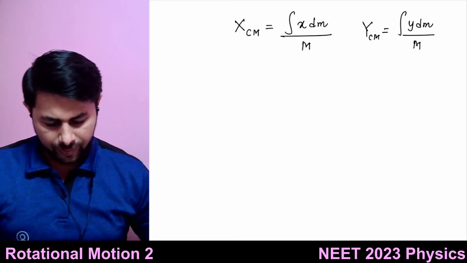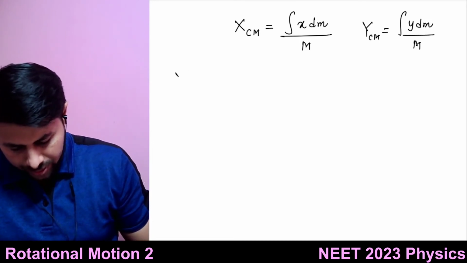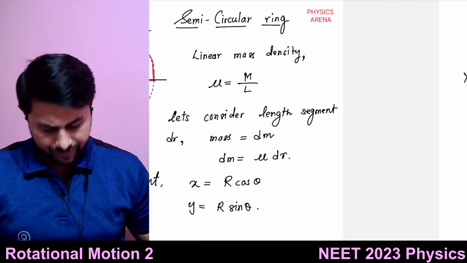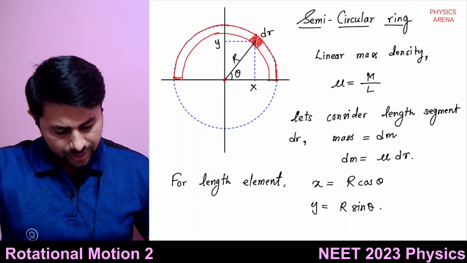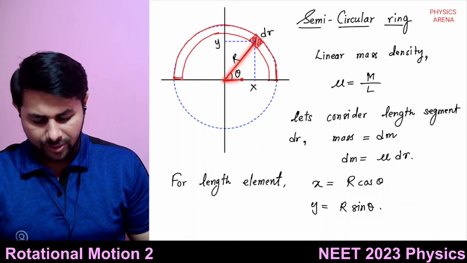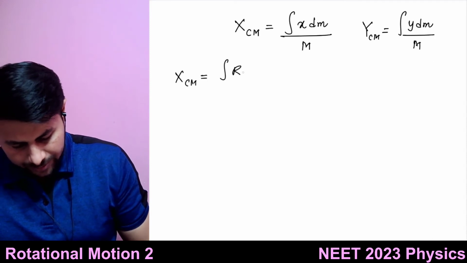Now let's find out the x coordinate first. So xcm is equal to the integral of x dm, and how much is x for this mass? It is r multiplied by cos of this angle theta, so it is r cos theta.